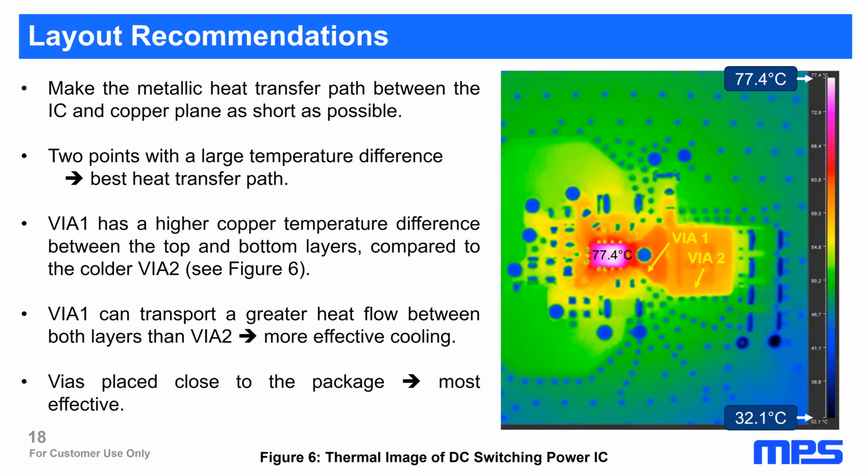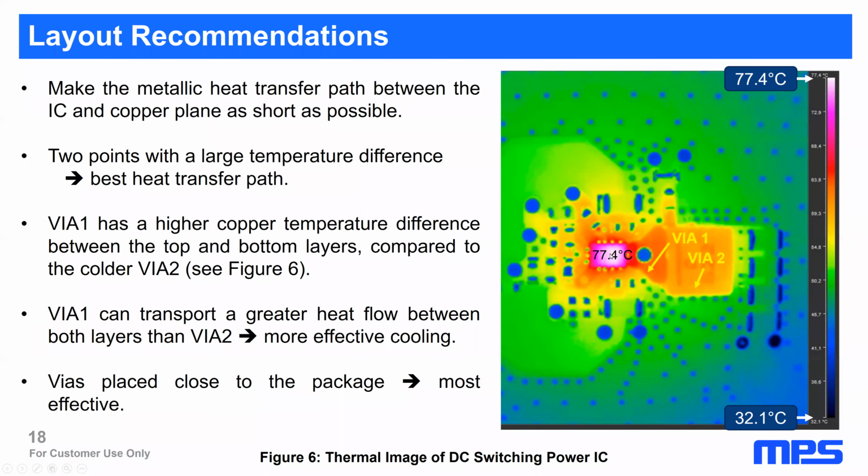Here we see a layout of a DC-DC converter. Make the metallic heat transfer path between the IC and copper plane as short as possible. This means you see here the heat, the die. The white area has 77.4 degrees.